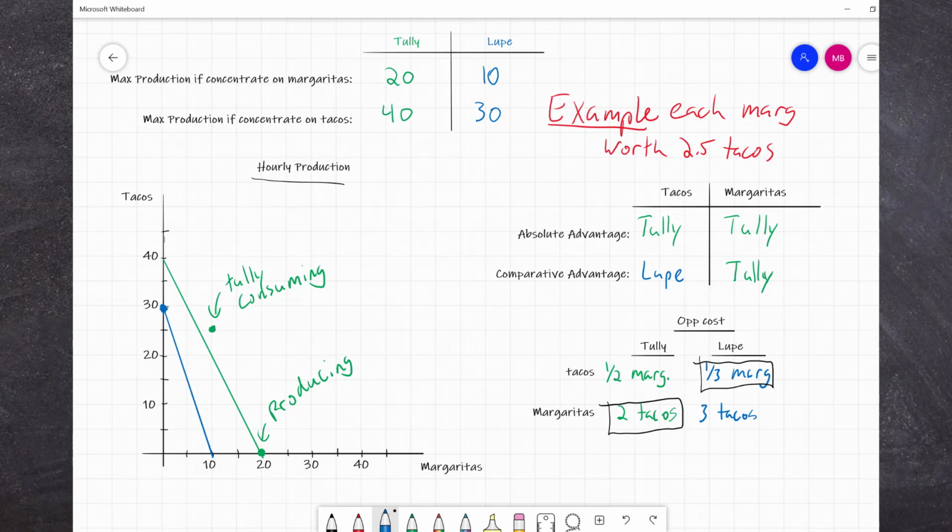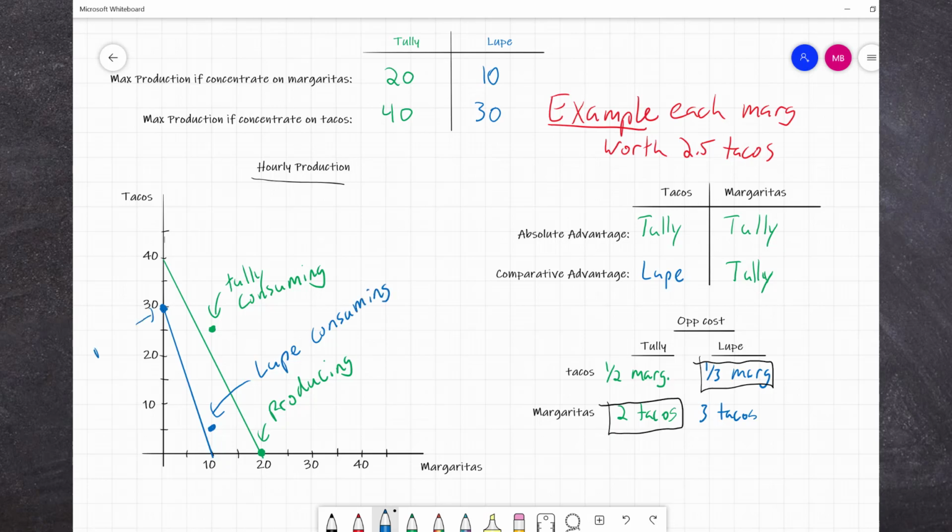Now we can think about Lupe. She just produced 30 tacos, but she's trading 25 of them away for 10 margaritas. So she has 5 tacos and 10 margaritas. Well, that's this point right here. This is Lupe's consumption, that's how much she's consuming.